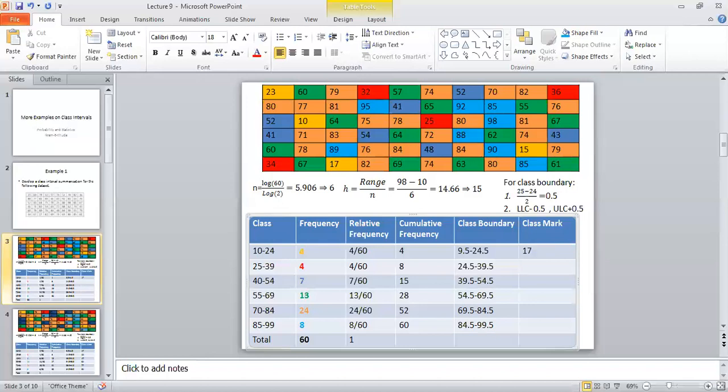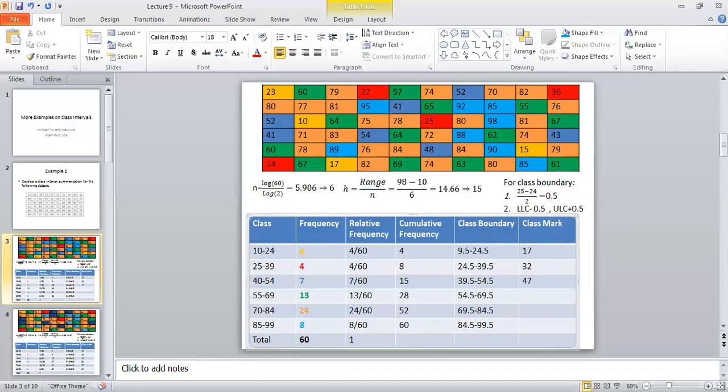Likewise, 25 and 39 are the limits for the second class. So 25 plus 39 divided by 2 equals 32, which is the class mark for the second class. Then for the third class, it's 40 and 54. So 40 plus 54 divided by 2 is 47, the class mark for the third class.